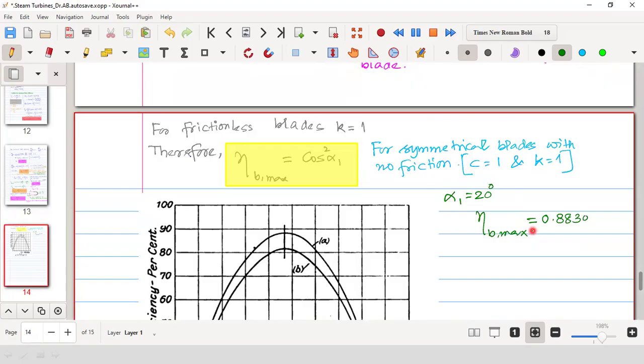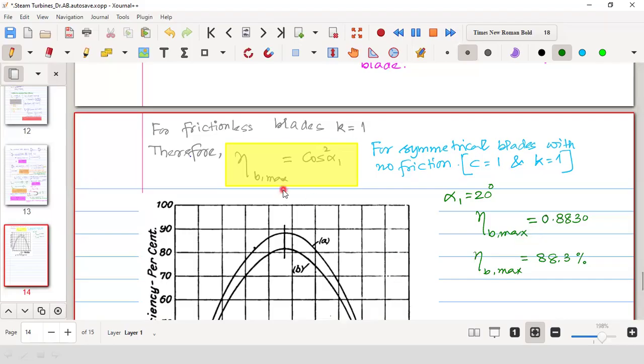Or it is about 88%. Okay, that means that is the maximum efficiency when you have symmetrical blade and no friction.